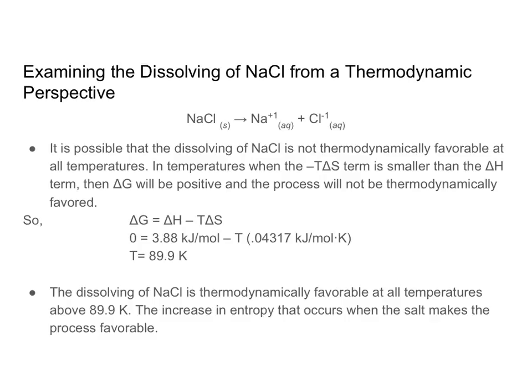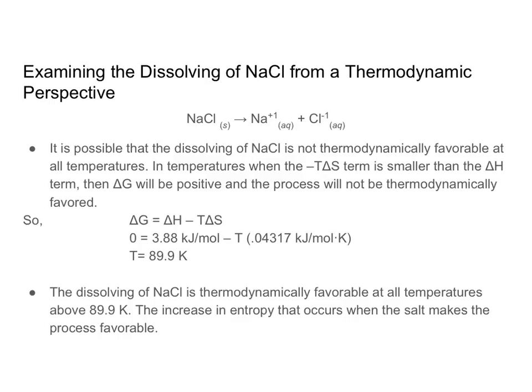We can also predict the temperature at which we can stop dissolving stuff, or the threshold for which stuff will dissolve, by using this formula. In this case, I put delta G equal to 0, because at 0 the system is at equilibrium. If the system is at equilibrium, I am no longer able to dissolve or undissolve stuff.